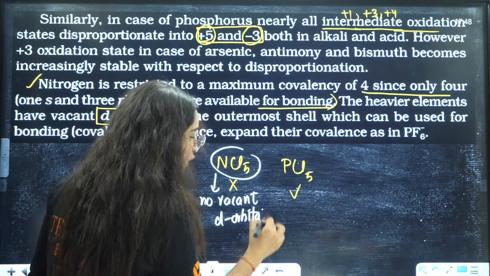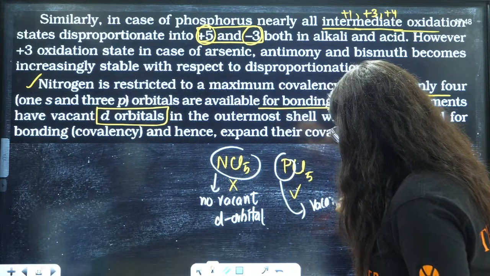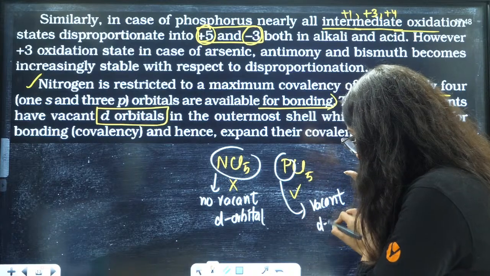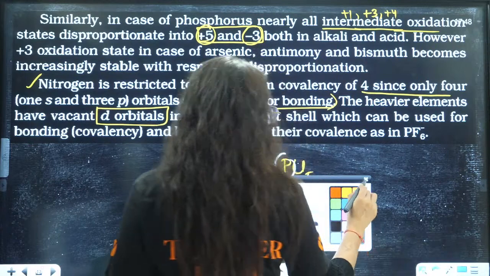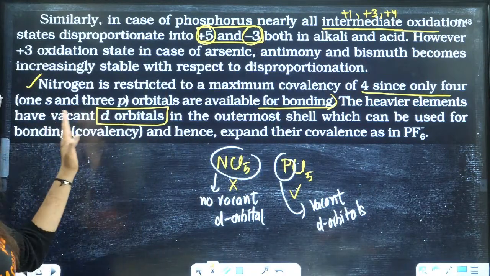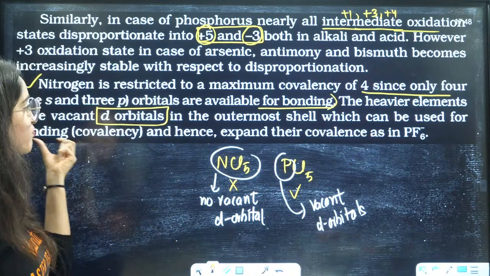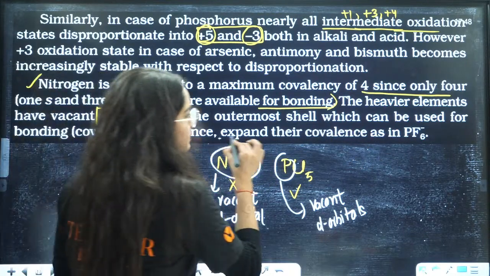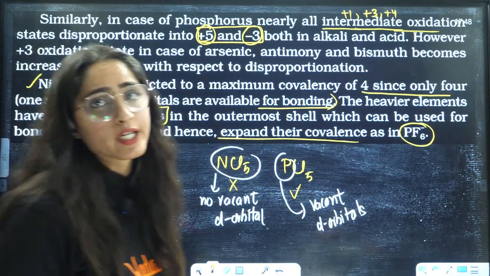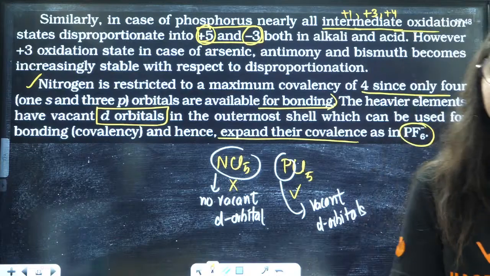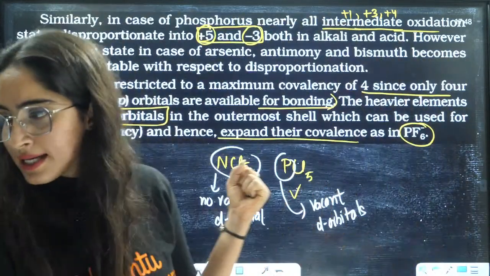But phosphorus has vacant d orbitals, and the extra electrons can lie in these vacant d orbitals, right? So the heavier elements have vacant d orbitals in the outermost shell, which can be used for bonding and hence explain their covalency, as in PF6 negative also, right? PCl5 exists because of the vacant d orbitals, right?